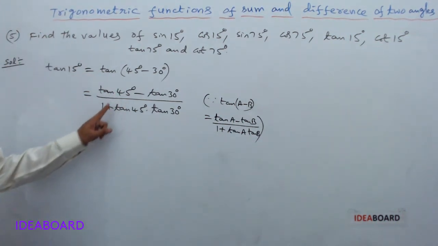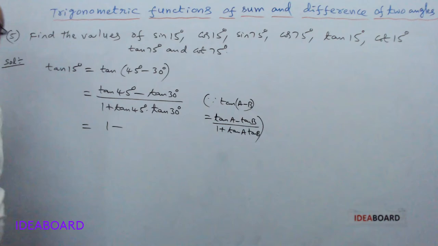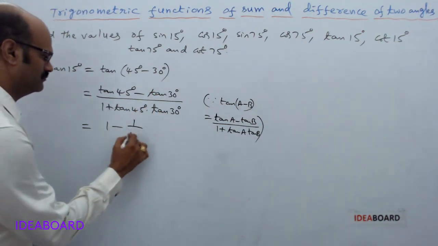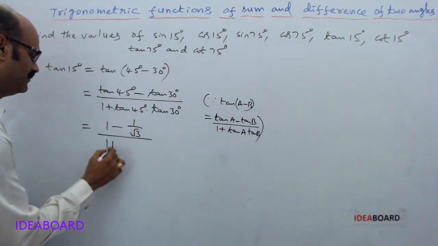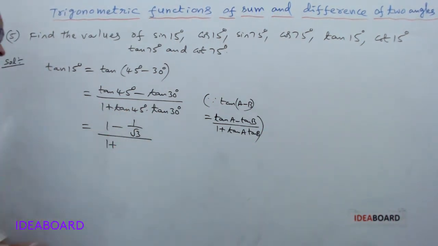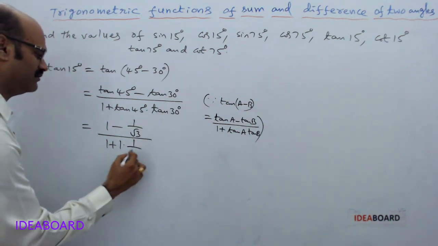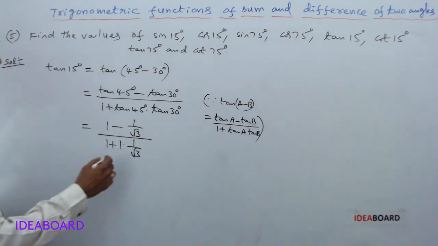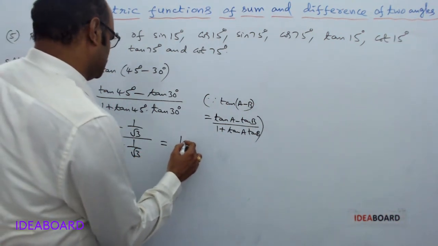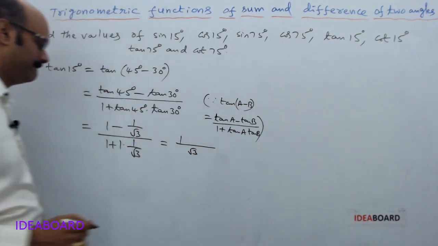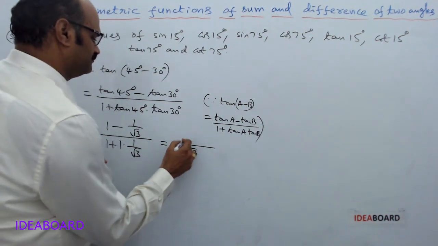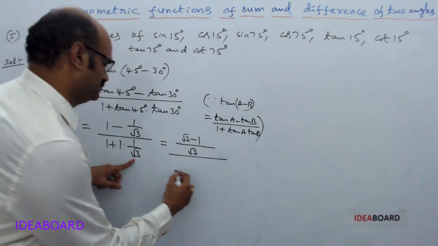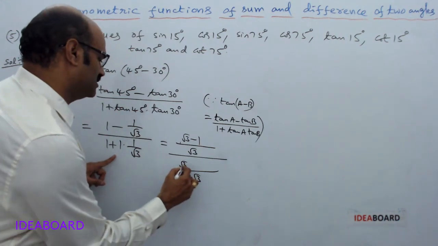Now tan 45 degrees equal to 1, minus tan 30 degrees equal to 1 by root 3, whole by 1 plus tan 45, which is 1, into tan 30, which is 1 by root 3. Then it's equal to 1 minus, take LCM root 3, root 3 minus 1 by root 3, upon root 3 plus 1 by root 3.